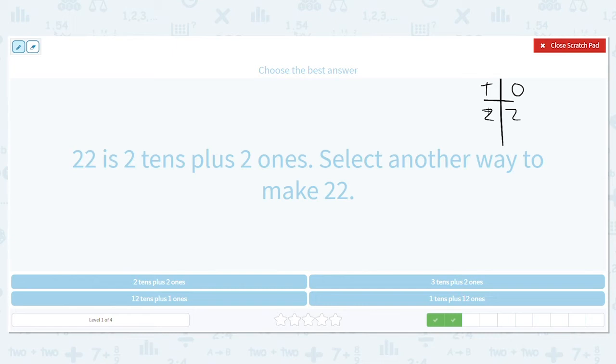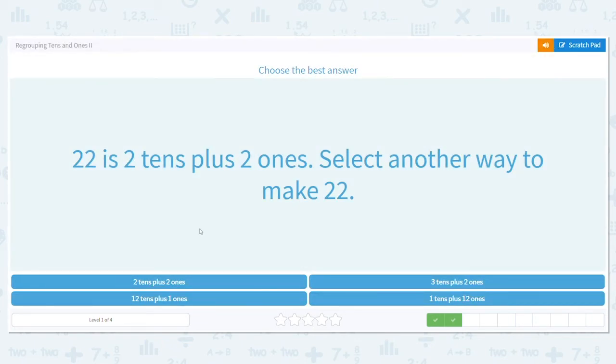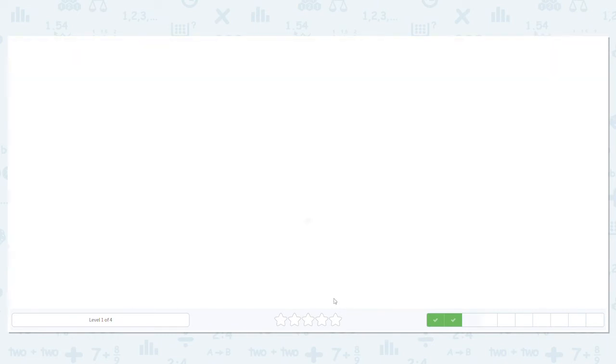So 10 says, sure, I'll give you one group of 10. So that 10 comes over here, and the 10 changes the 2 into a 12. So what do I have? 1 ten, 12 ones. 1 ten plus 12 ones. Good job.